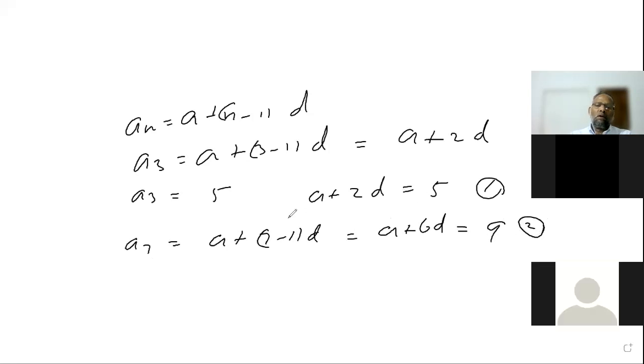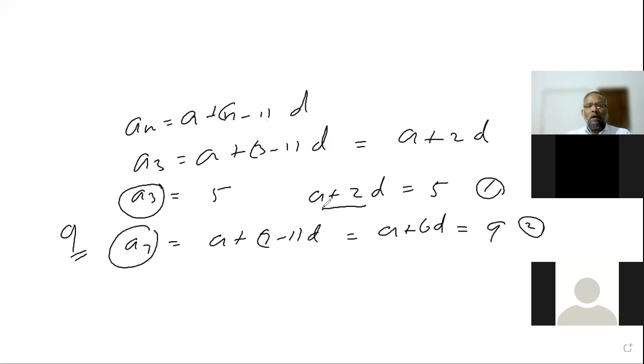Two equations we got now: a plus 2d is equal to 5, and a plus 6d is equal to 9. In the exam, no need of writing a plus (n minus 1) into d every time. Directly do 3 minus 1 is 2.